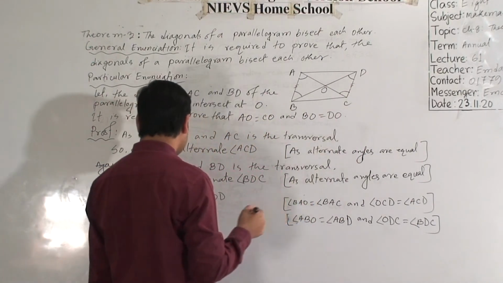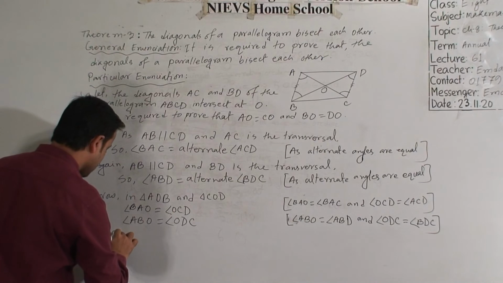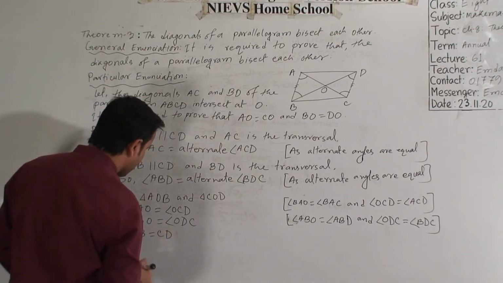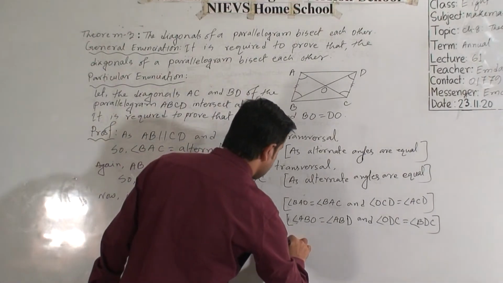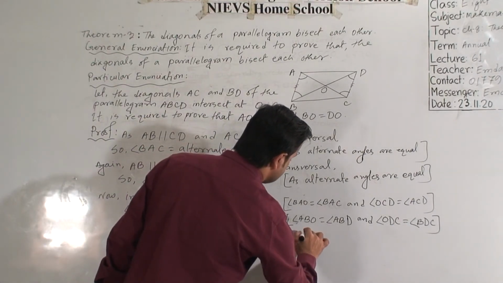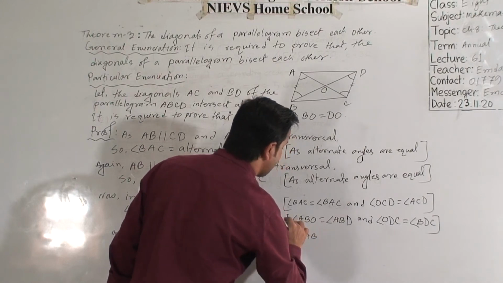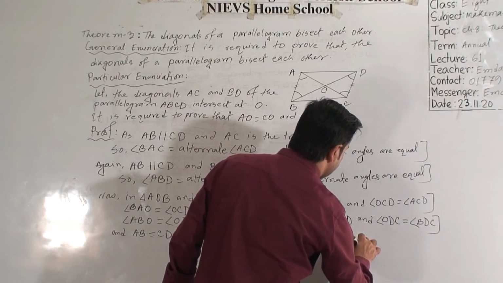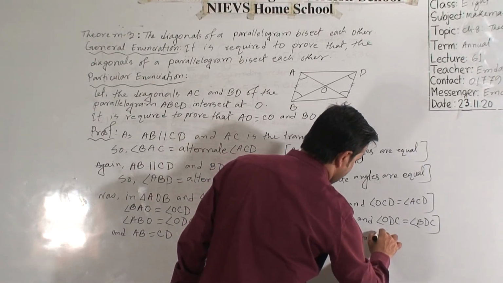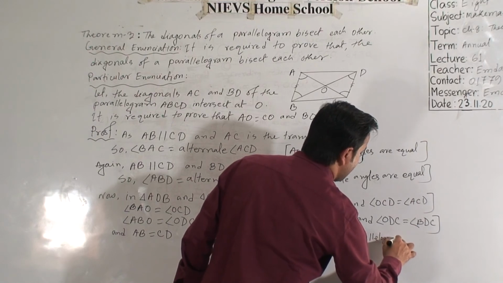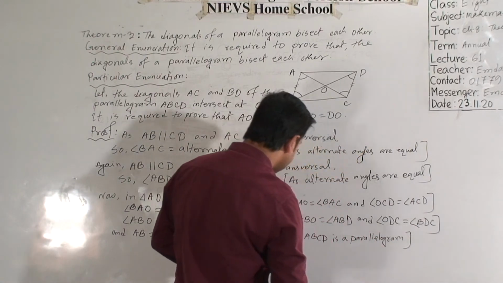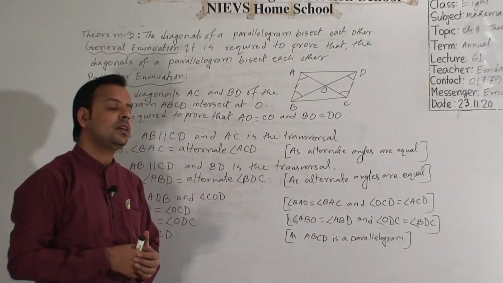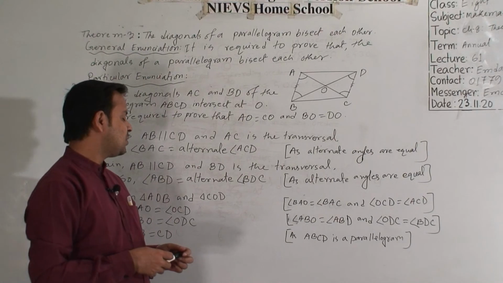Why are these two sides equal? As ABCD is a parallelogram, which means its opposite sides are equal. So we can say AB equal to CD.